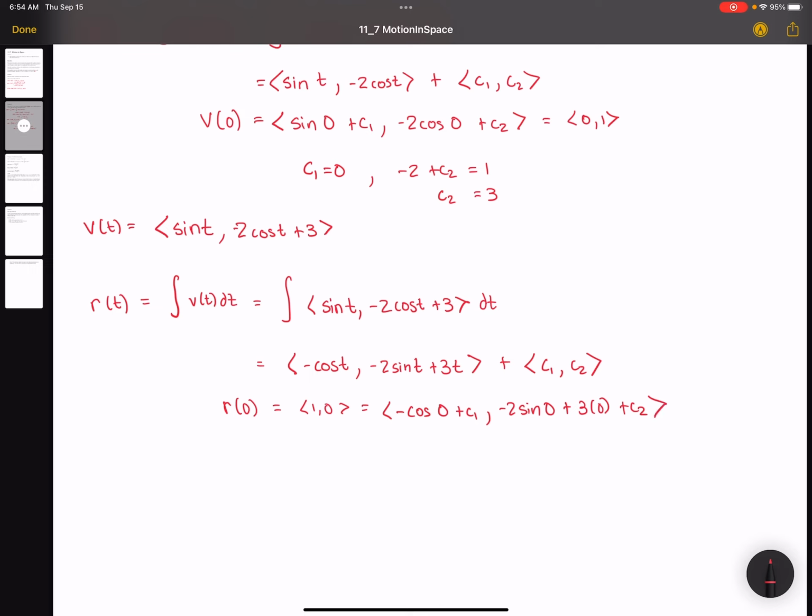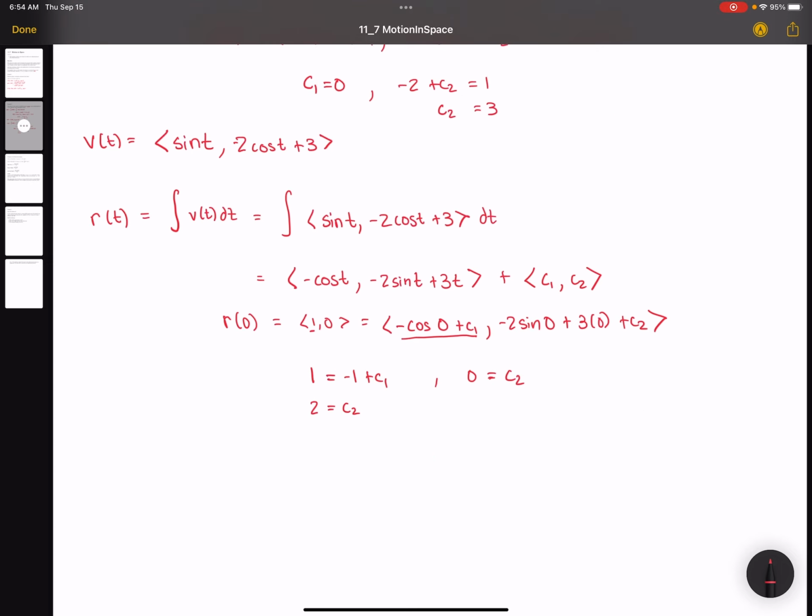And so again, if we take this first component and set it equal to the first component for our position vector, we get 1 is equal to, so negative cosine 0 is negative 1, so negative 1 plus c1 is going to imply that 2 is equal to c1. And then 0 is going to equal 0 plus c2, so it implies that c2 is 0.